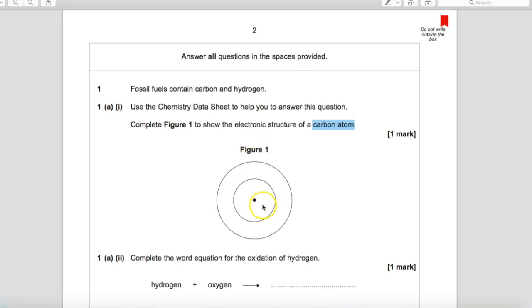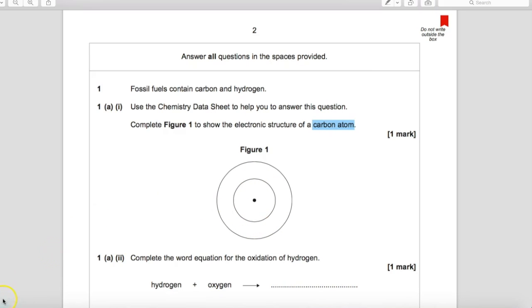So if we start on the inside, we'll have 2 there, then we're going to have 4 on the outside. When we're drawing these diagrams, we want to make sure that the electrons are on kind of like clock faces around the nucleus. So we're going to have 1 at 12 o'clock, 1 at 3 o'clock, 1 at 6 o'clock, and 1 at 9 o'clock. Of course, only 2 can fill the inside layer, so we're going to have 1 here and 1 here.